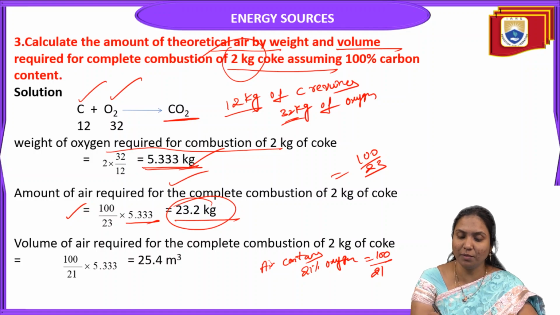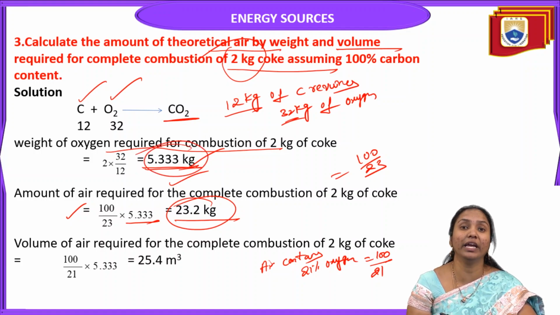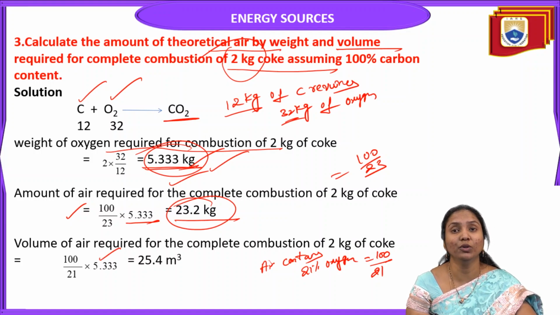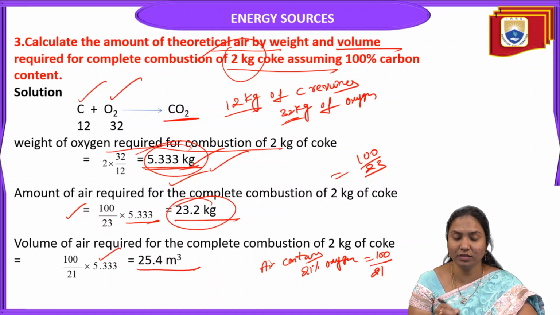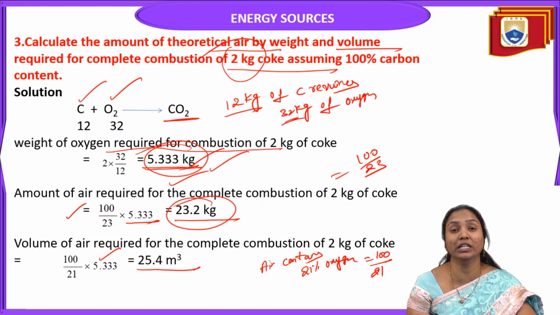So it's equal to 100 by 21 into 5.333, and the final value is 25.4 meter cube.